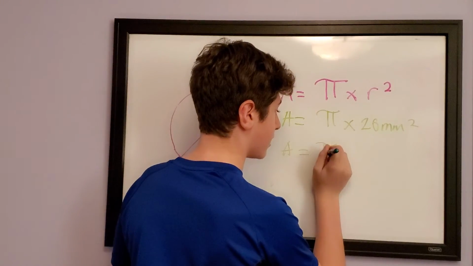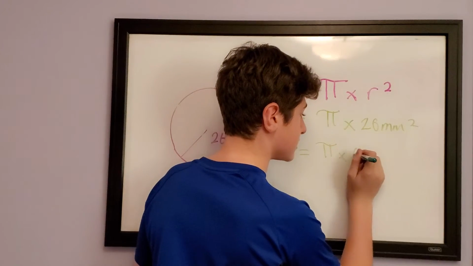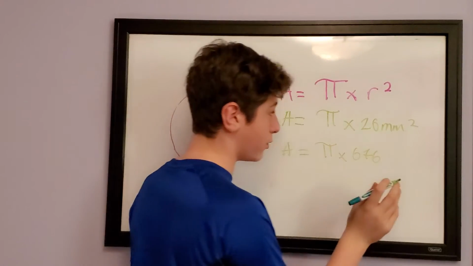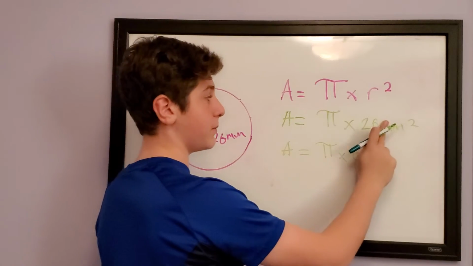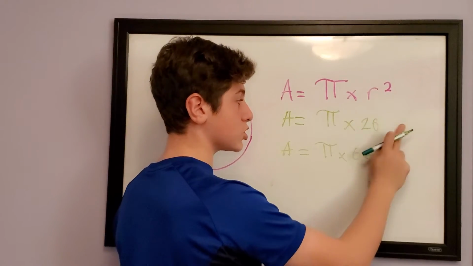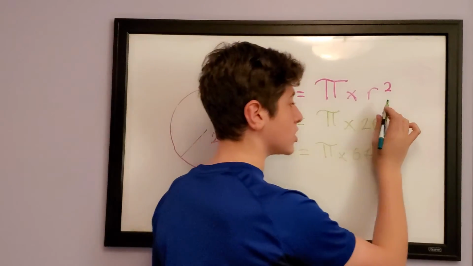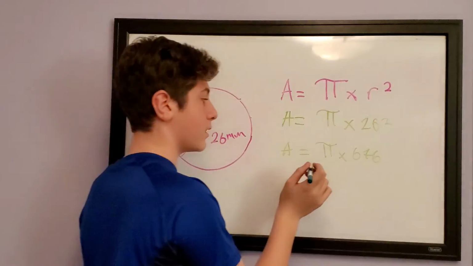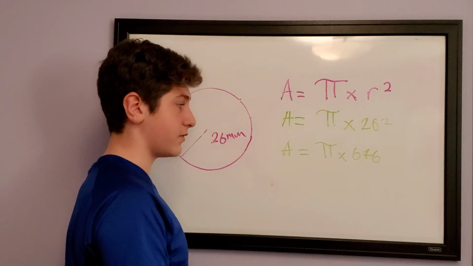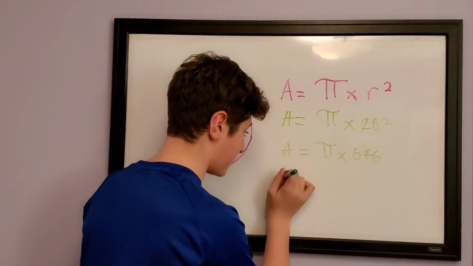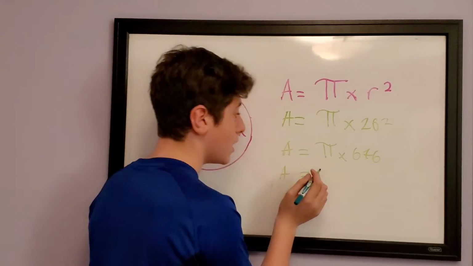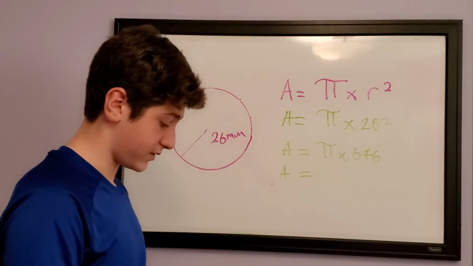So pi times 676. By the way, you don't have to put the millimeters while you're solving the actual equation. It actually confuses me a bit, so just keep the numbers. So pi times 676 is our next step. Area equals pi times 676.